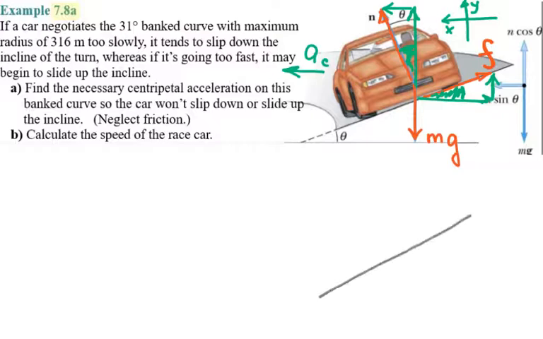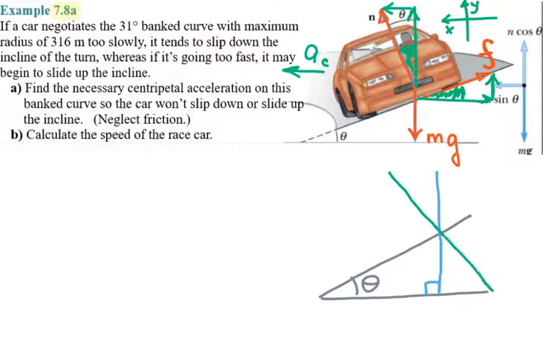If I have this big triangle and here is theta, then I make this right perpendicular angle, and this is the normal force. The normal force is always perpendicular to the surface. So from here I can see that this angle is 90 minus theta, then this angle is theta.